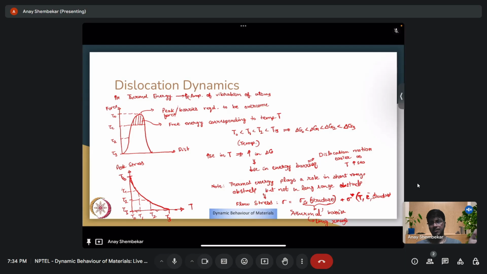As the temperature increases, because the atom vibration amplitudes increase, you expect that the dislocation will be able to move much easier ahead, which basically means that your stress or force required due to the thermal component has decreased. That's why it's called thermally activated. Basically, it becomes easier as temperature increases. And one more thing we are interested in is looking at strain rates, as a function of strain rates.